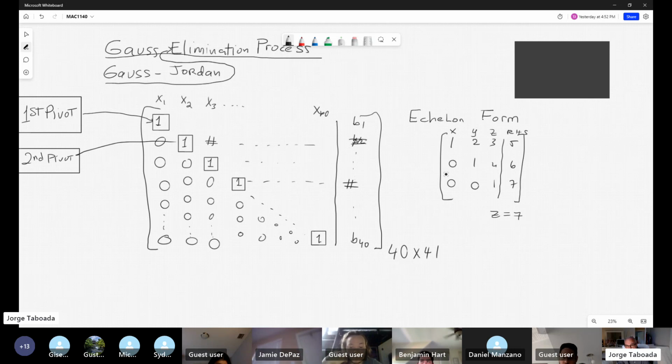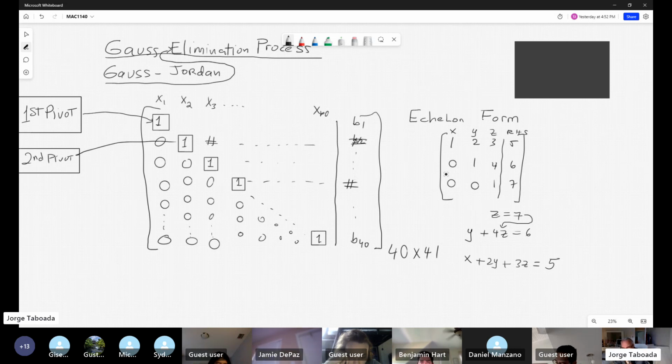Wow, back substitution. However, I move over, and over is, this is 4. It's y, no x anymore. Y plus 4z equals 6. Oh, so it's easy because you plug in 7 here and you compute y. And finally, the first equation is x plus 2y plus 3z equals 5.